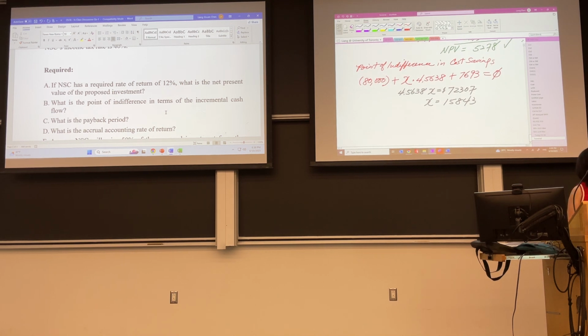So this is the sensitivity analysis, the margin of safety. When we have a benefit, cost savings, at $17,000, net present value is this, 5278.